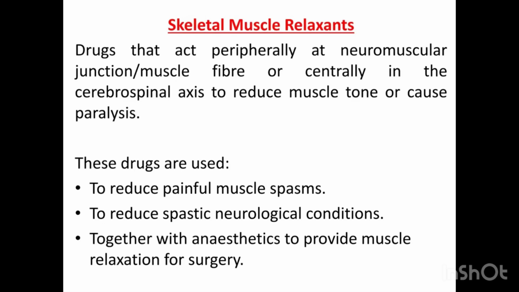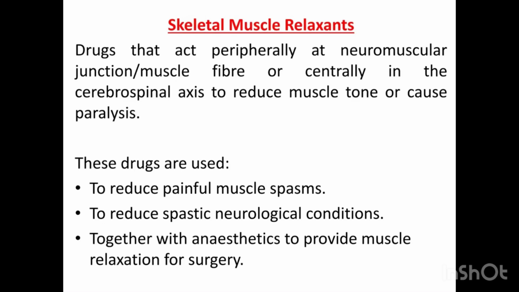Now in the skeletal muscle relaxant we have to introduce it, so let me just explain what the skeletal muscle relaxant is. They are a group of drugs. Now listen to me. They are a group of drugs that act on the neuromuscular junction or within the central nervous system in order to reduce muscle tone, cause paralysis, or relieve spasms.